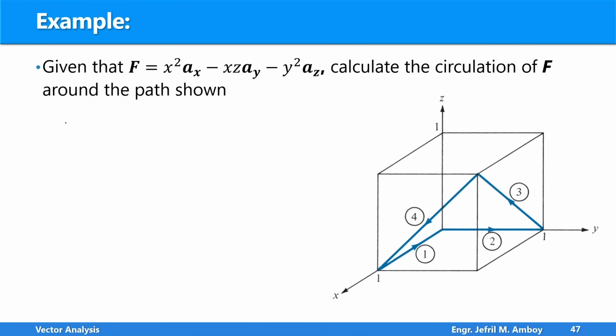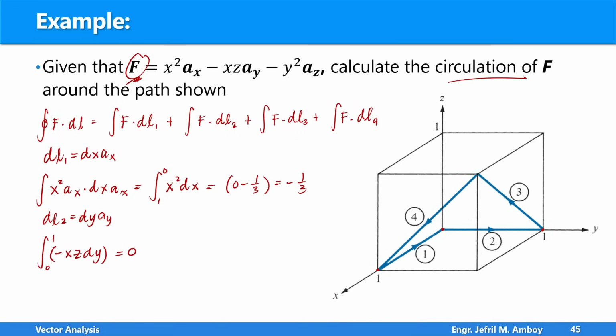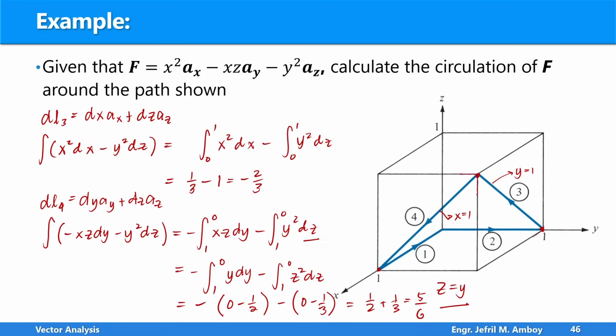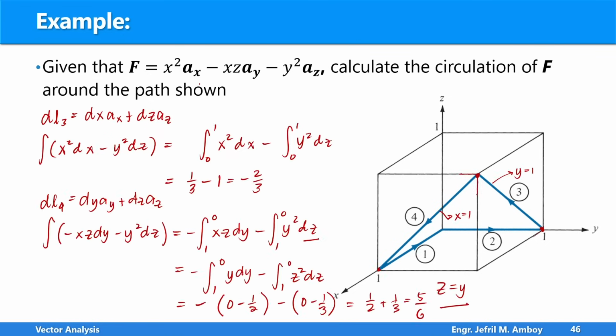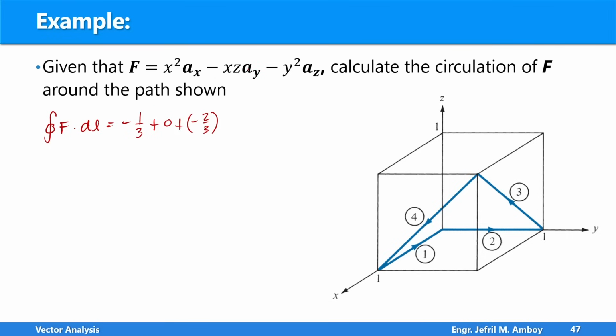Now, to get the circulation of F, remember that the circulation of F around the closed path is equal to the sum of the four line integrals. What was the first one we got? Negative 1 third and then 0. So we have negative 1 third plus 0 followed by negative 2 thirds and lastly plus 5 over 6.